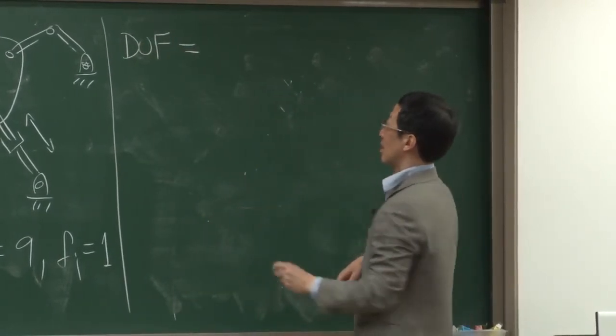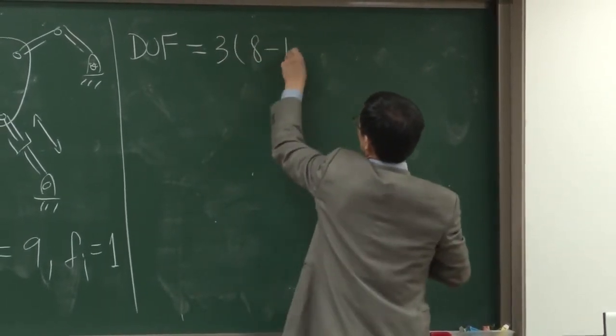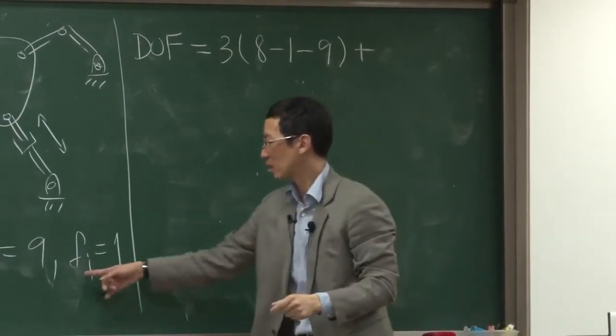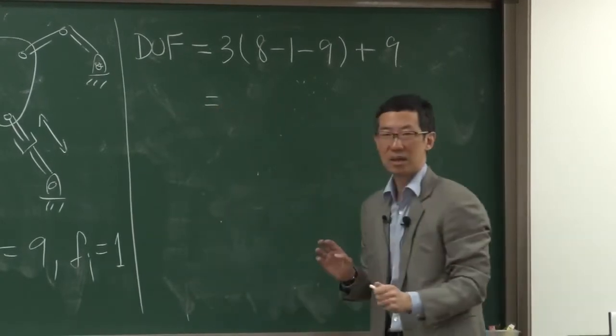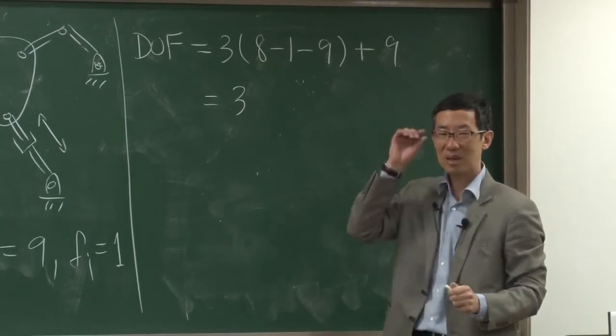It's 3 times N minus 1 minus J plus total degrees of freedom. So 9 1 degree of freedom joints plus 9. So this equals 3. Okay, so 3 degrees of freedom.